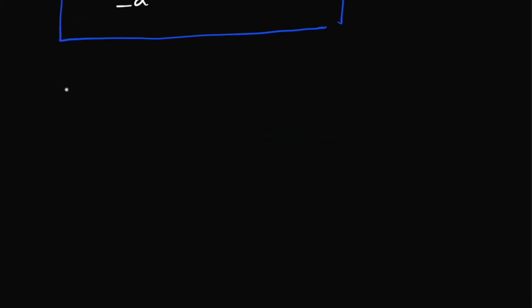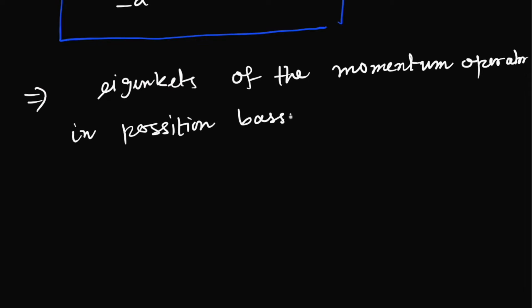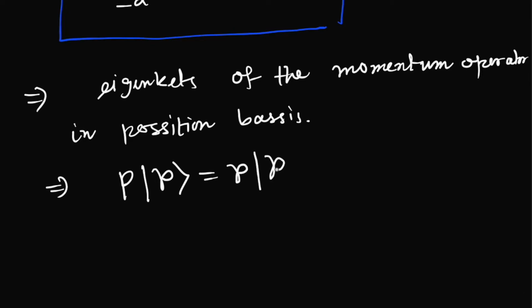Now let us check what is the form of the eigenkets of the momentum operator in position basis. That means suppose this |p⟩ is the eigenket of the momentum operator, it will give p|p⟩.